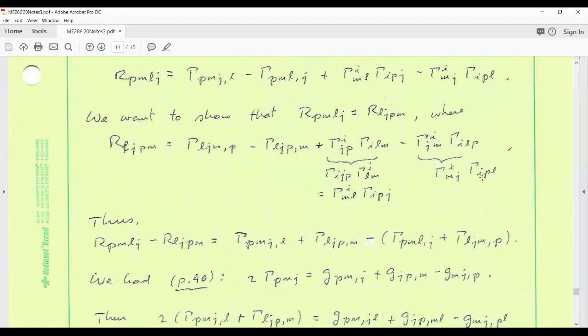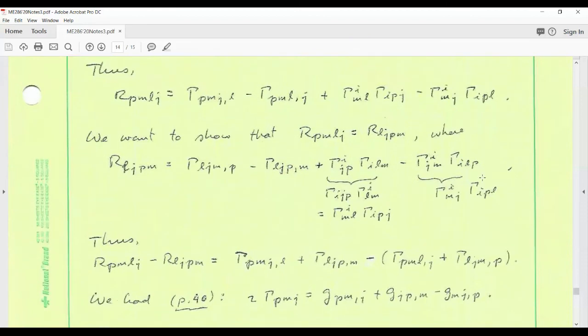So when I do that, if I want to show that this is the same as this, that's the same as showing that this difference is 0. Let's form that difference now that I have these two expressions. I get PMJ comma L, subtract this, I subtract LPJ comma M, then I have a minus PML comma J, subtract LJM comma P, which I've done here.